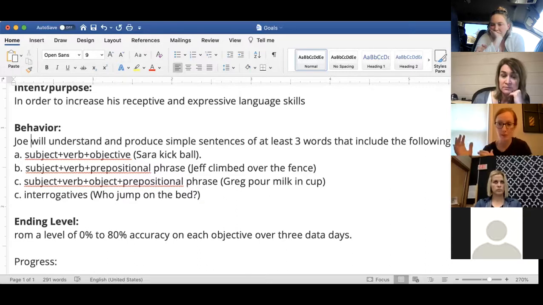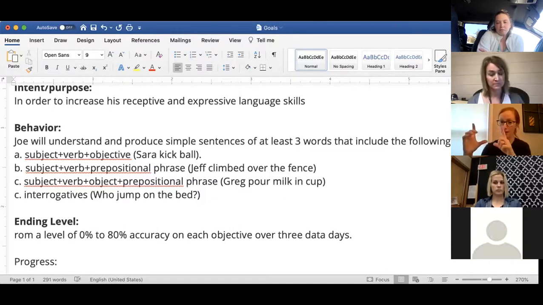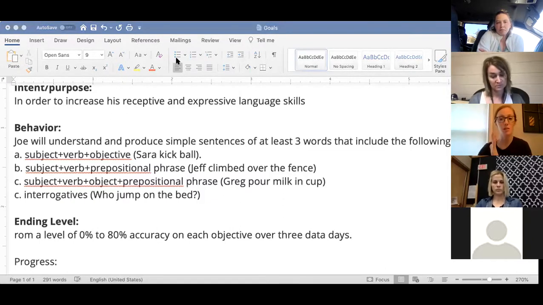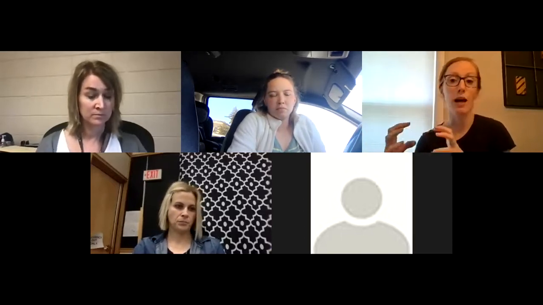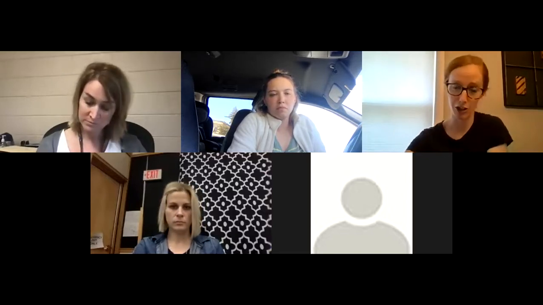So sometimes, depending on the child, you might write the goal for just the simple part of that level 3, where it's just a simple sentence of 6 words, knowing that it's going to take that child a long time to get to that complex, but they're definitely ready to add more language to what they're saying, just not ready for the direct discourse and the conjunctions yet.